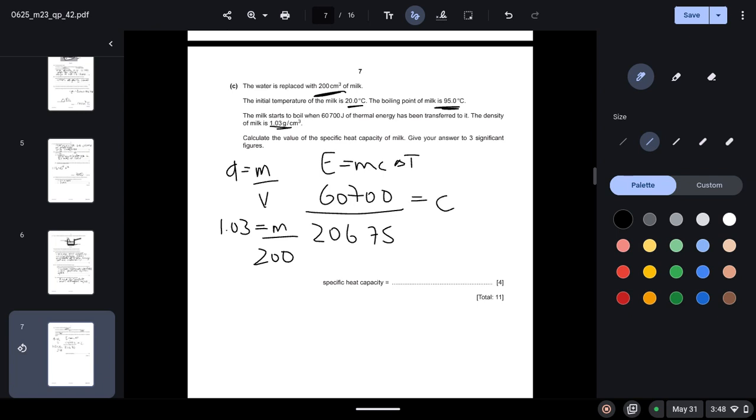This is your specific heat capacity. So when you put this in the calculator, your answer will come out to be 3.93, and here remember you will have to give the unit as well. So the unit will be joules per gram Celsius.